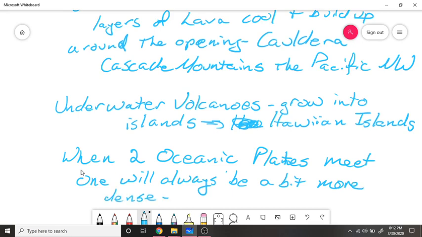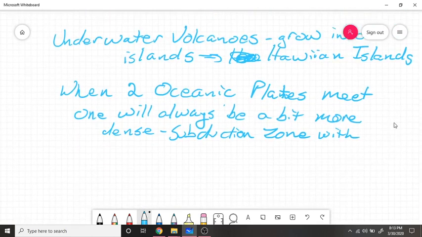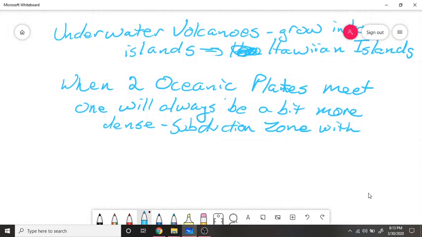And that will always be so, there'll always be a subduction zone. So there's always a subduction zone when oceanic plates are involved.